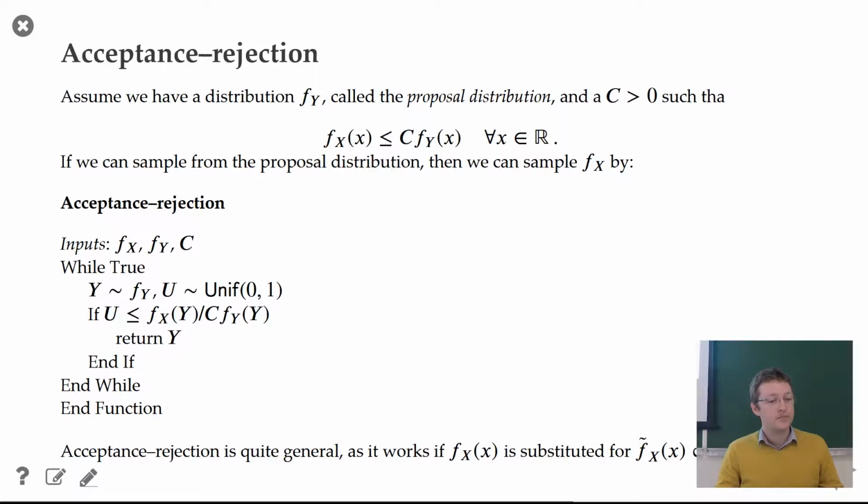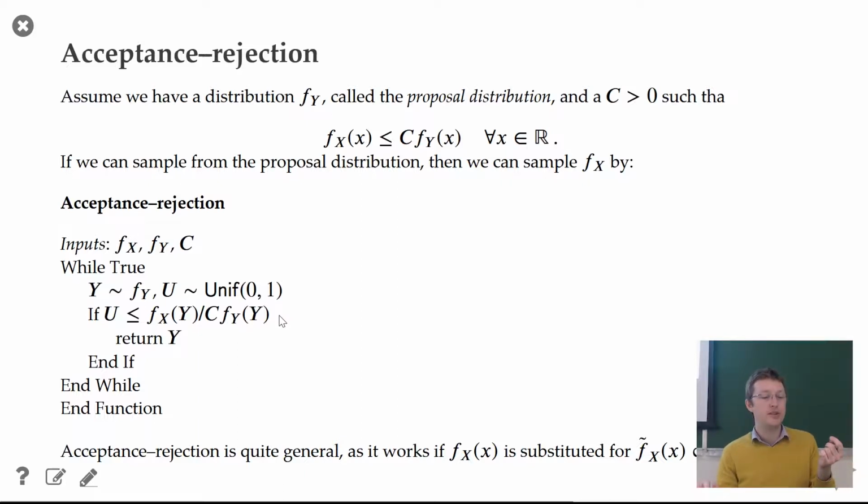Okay, so then to get one sample from your crazy density, you keep sampling from your simpler one, f of y, and so you get one proposal y, and then you also just take a uniform random variable, and it's kind of like flipping a coin.